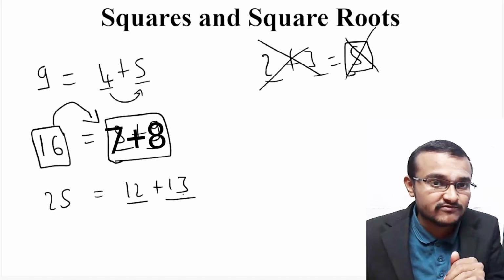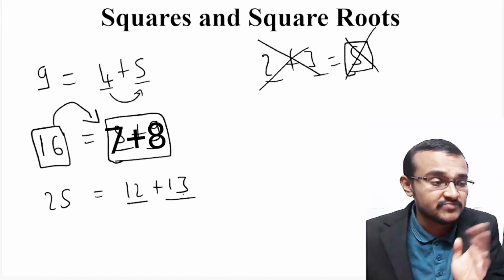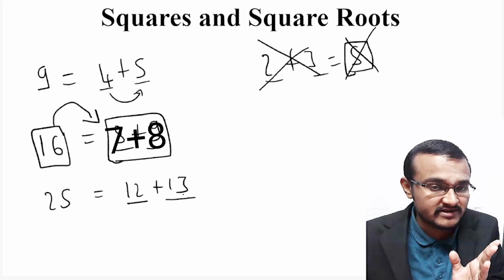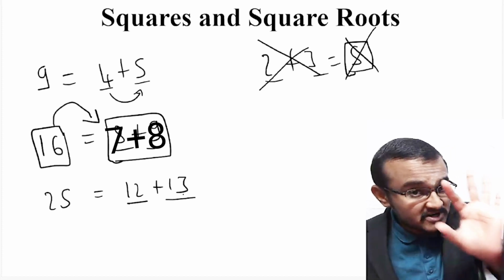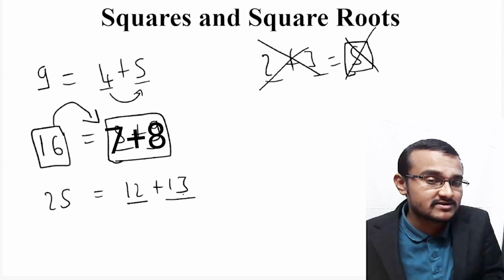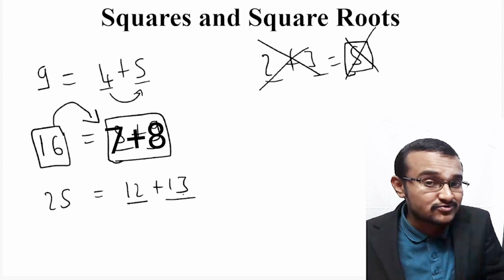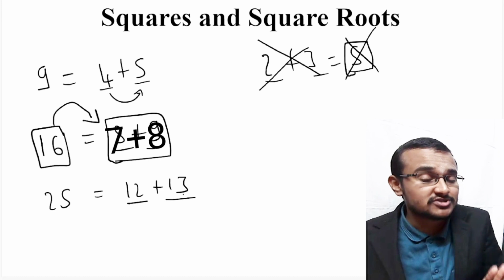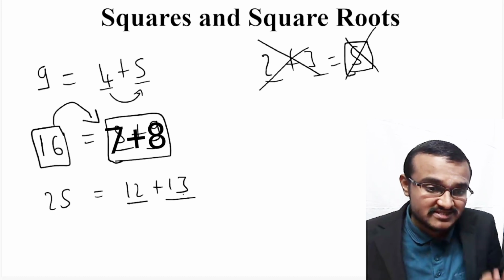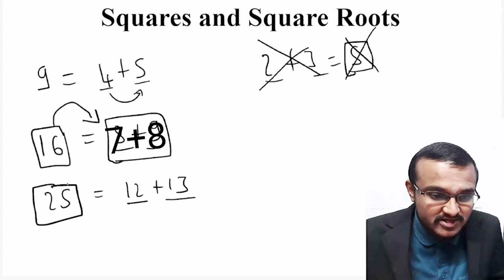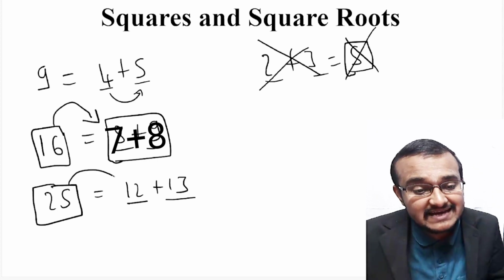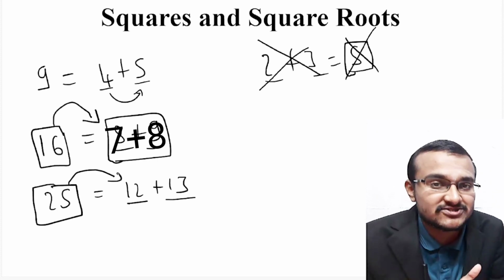Here also you can easily see the sum of two consecutive natural numbers is giving a perfect square. Not all the time will the sum of two consecutive natural numbers give you a perfect square. This property states a perfect square can be expressed as the sum of two consecutive natural numbers.